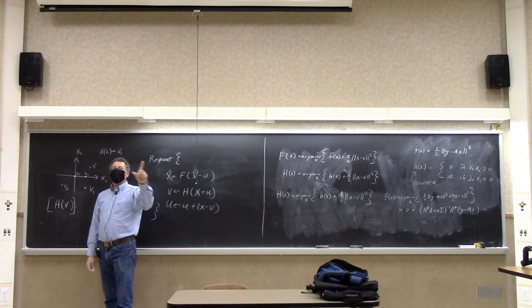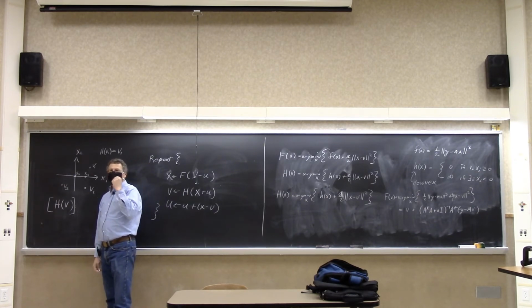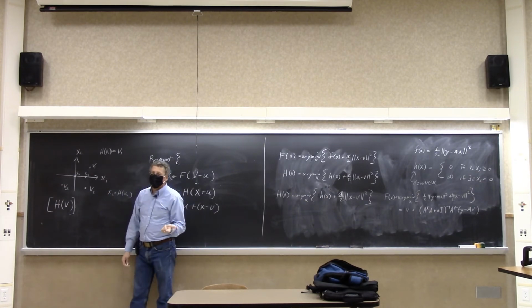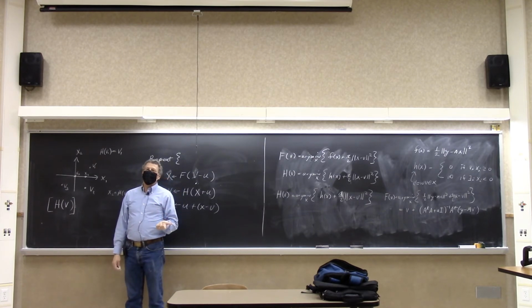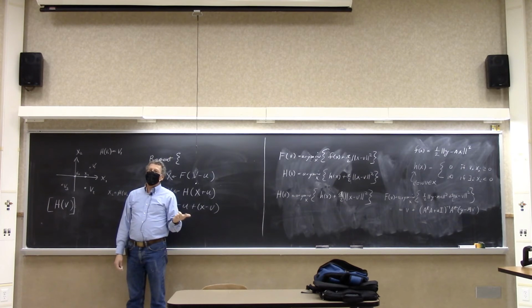By the way, there's a very interesting theorem, which is that a set is convex if and only if every point in the space has a minimum distance point in the set. It's if and only if. So if you have a convex set, for every point in the space, there's always a minimum distance projection. And if there's always a minimum distance projection, the set must be convex.